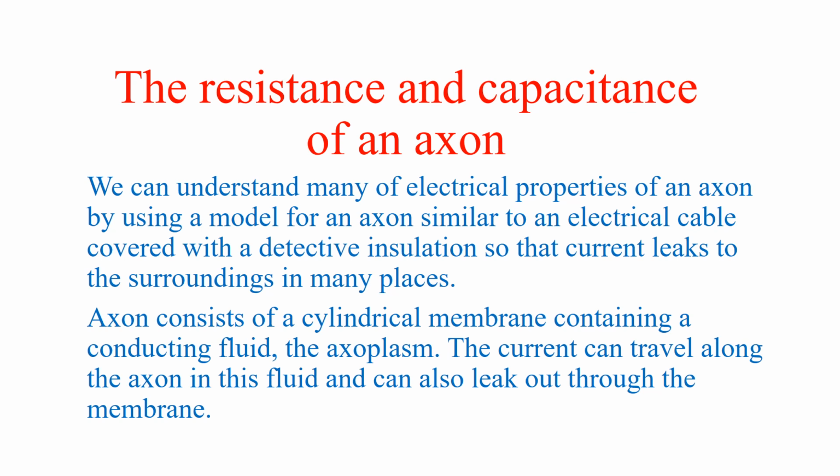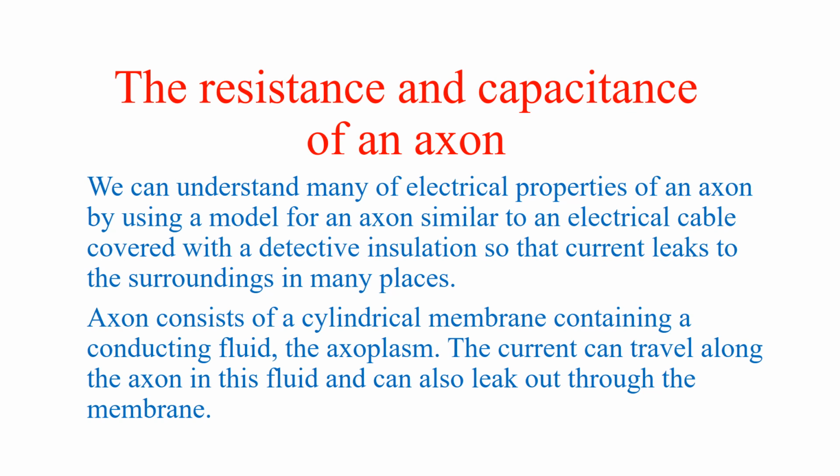In order to understand the electrical aspects of the axon, we need to understand that the axon can be thought of as an electrical long cable that contains a conducting fluid called axoplasm with a very high resistivity and resistance, and this conductor is coated with a dielectric insulation material, or a very bad insulator, which has a resistance that is much smaller than the resistance of the conducting fluid in the axon.